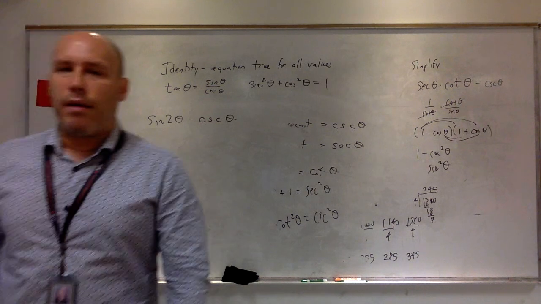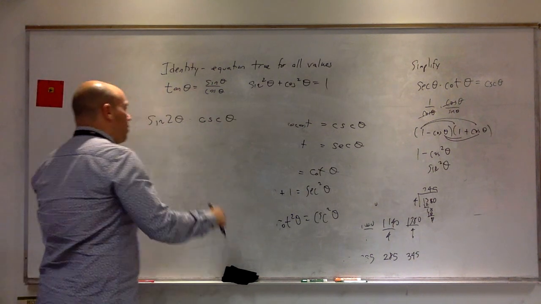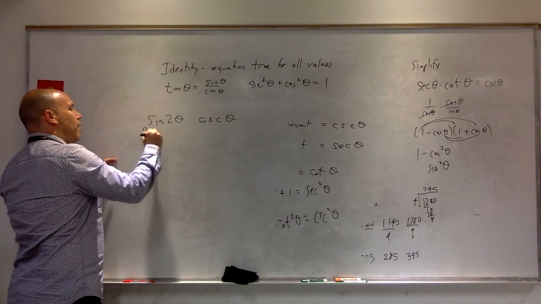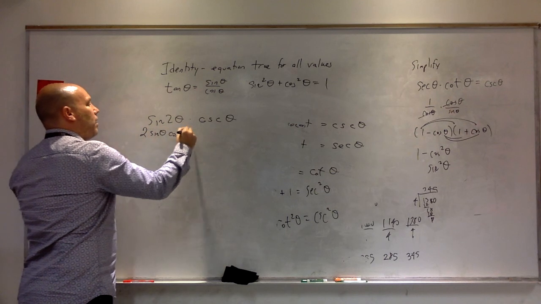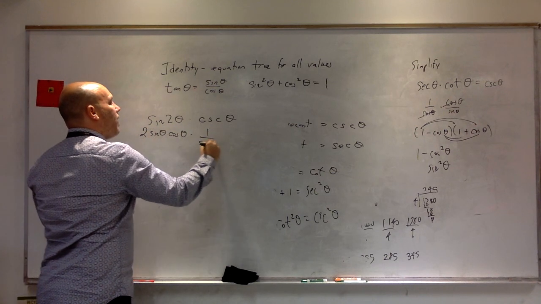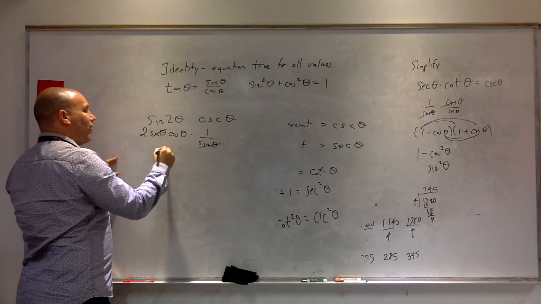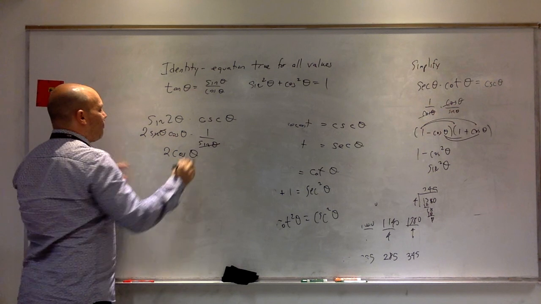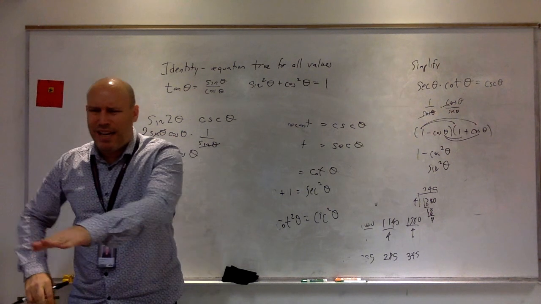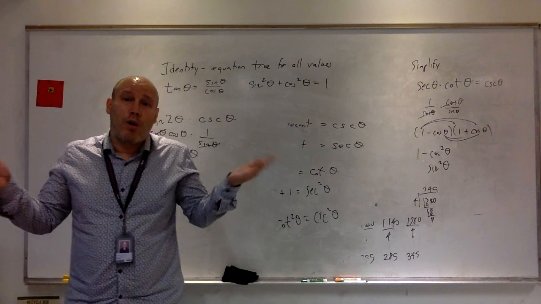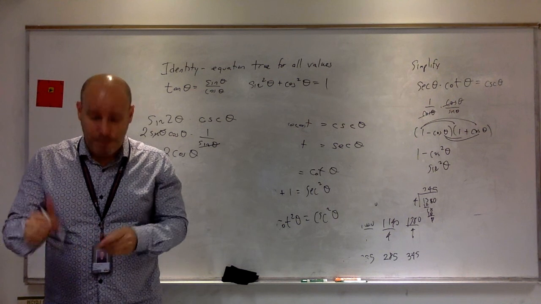And what does this end up being? Let's see. This is 2 sine theta cosine theta times 1 over sine theta. This cancels with that. Final answer, 2 cosine theta. Let's give you a sheet. There are no IB questions, but we're done with trigonometry. And that's it.